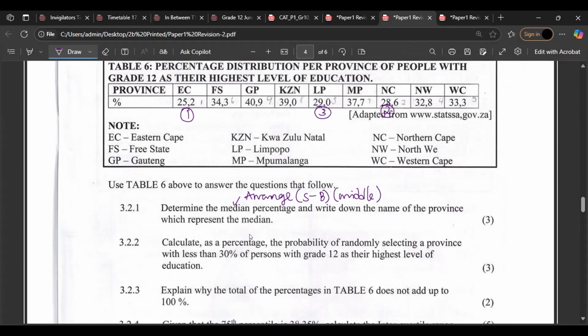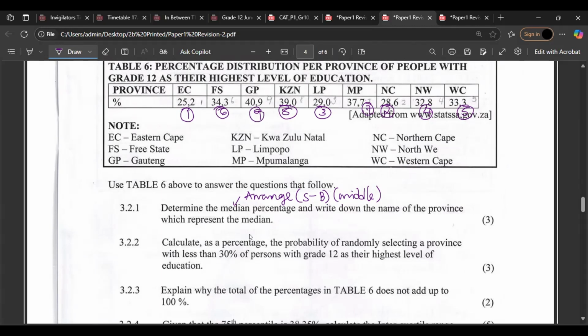So this one takes the place of 4, this one the place of 5, a place of 6, then a place of 7 here, a place of 8, and finally a place of 9.